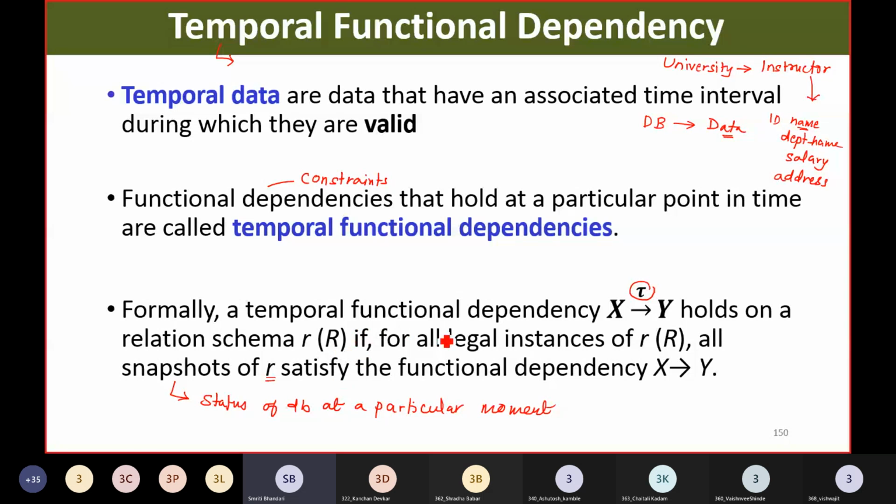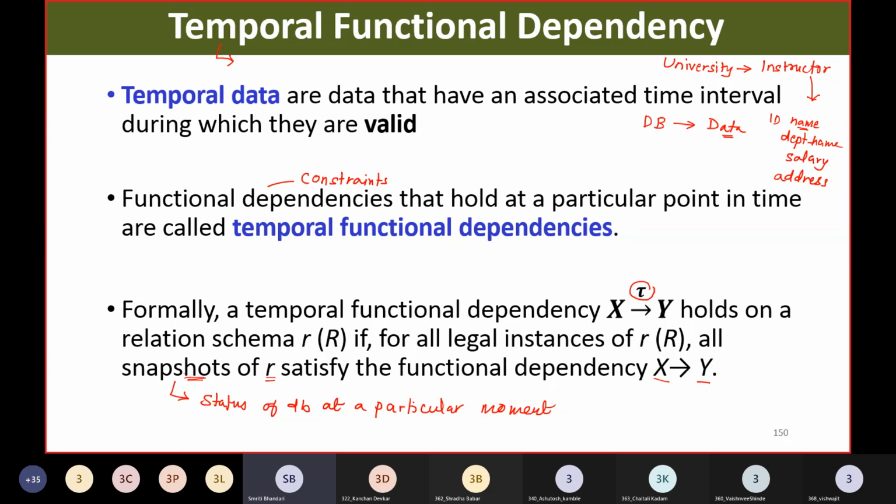A temporal functional dependency holds on a relation schema if for all legal instances of r, all such snapshots of r during that time span satisfy the functional dependency X determining Y.